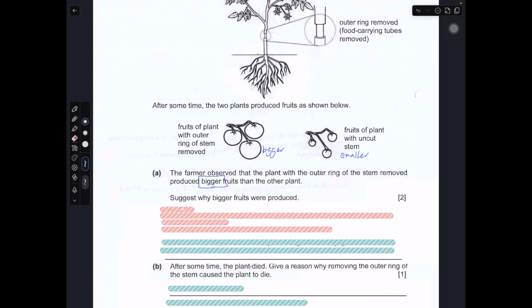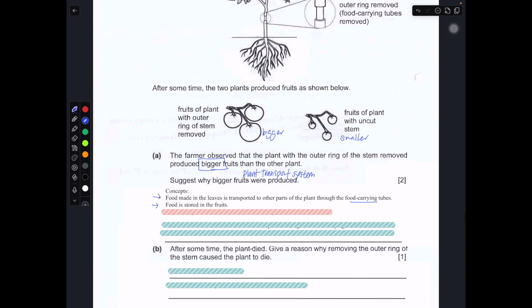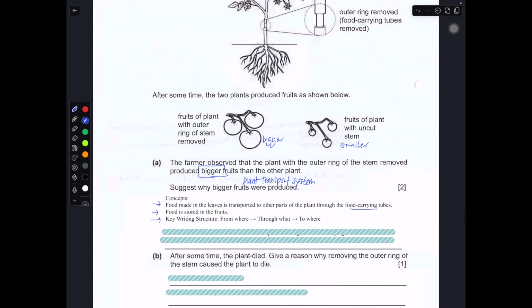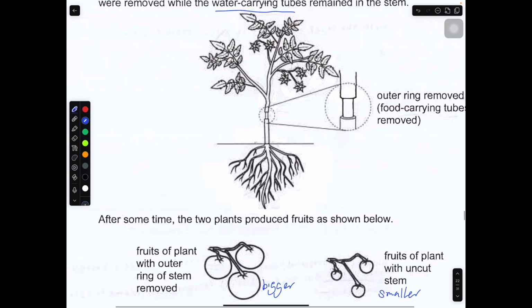So these are the key concepts, related to the plant transport system. Food made in the leaf is transported to other parts through the food carrying tube. This is the key idea. The second one is that food is stored in the fruits. So this is the key writing part. Where does this food come from? It comes from the leaf. It has to go through these tubes.